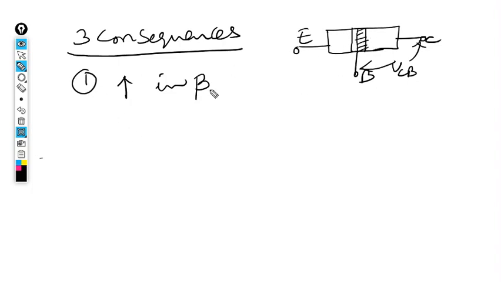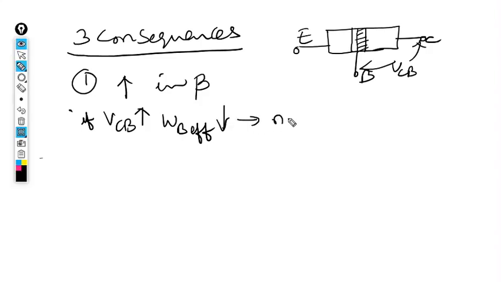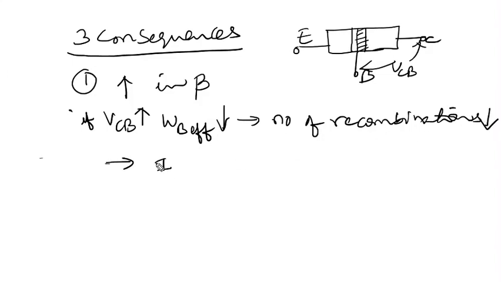As the number of recombinations decreases, IB decreases.